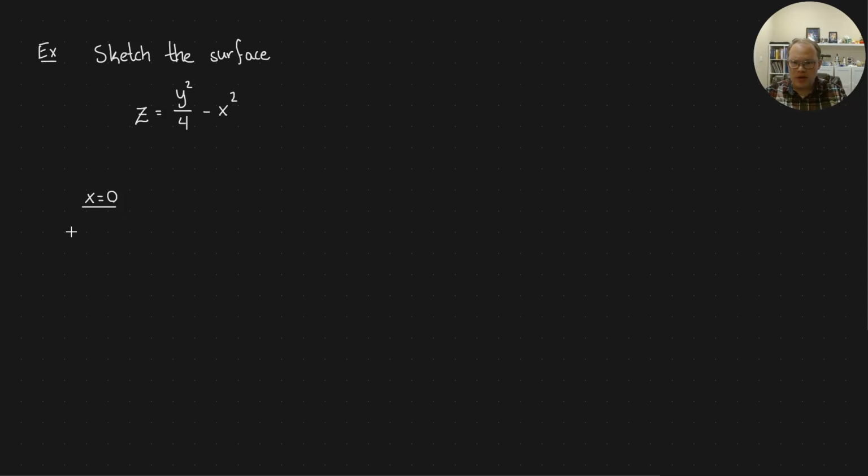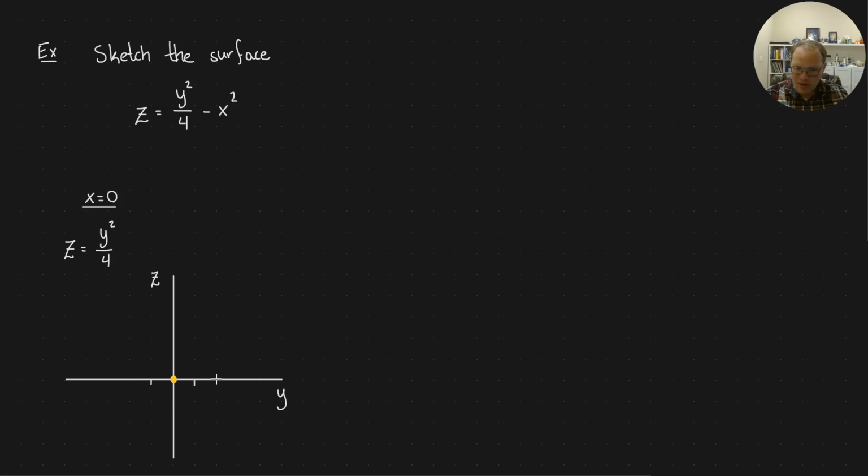So if x equals 0, that means my equation becomes z equals y squared over 4. And that is a parabola. So in the yz plane, this will open up in the z direction. Again, the vertex is at the origin.